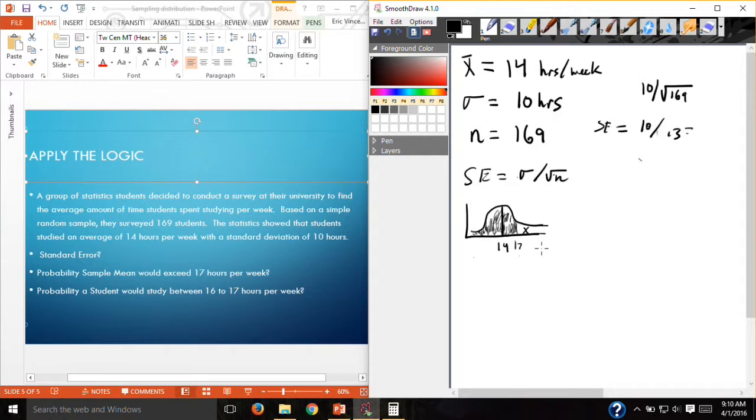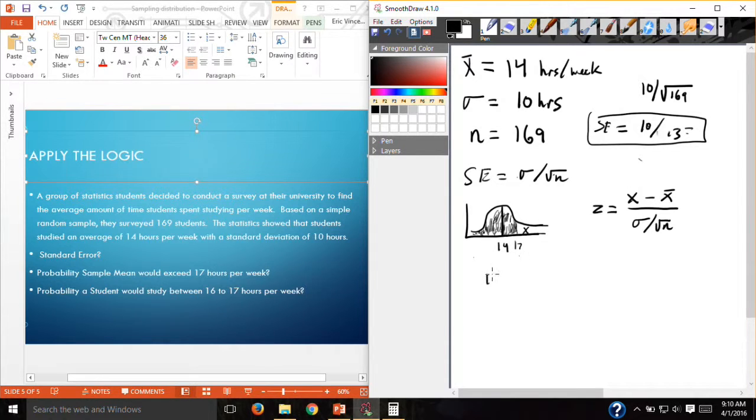So what I need to do is calculate my z-score. Recall that the z-score changes for a sampling distribution. Alright, so I already know the bottom of my equation because I just calculated it, which was right here, 10 over 13. So I need to calculate the top.